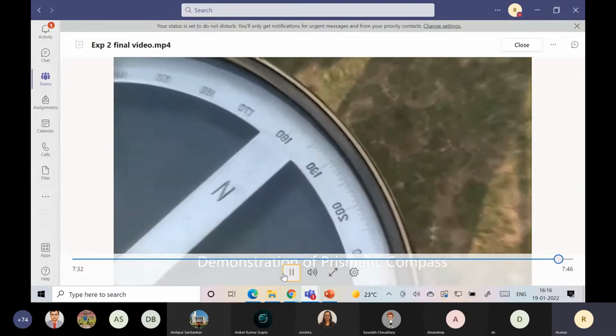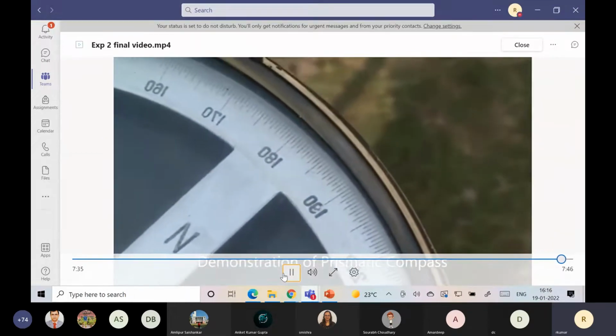You see, only the outer ring rotates, not this magnetic needle.